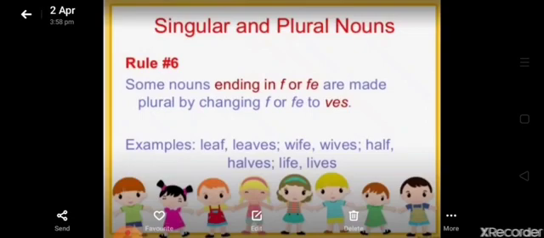So remember this, whenever you are writing knife in a plural form, you just remove f and write down ves: knives. So this is very important rule number 6. Always remember, some nouns ending in f or fe are made plural by changing f or fe to ves. So learn this.